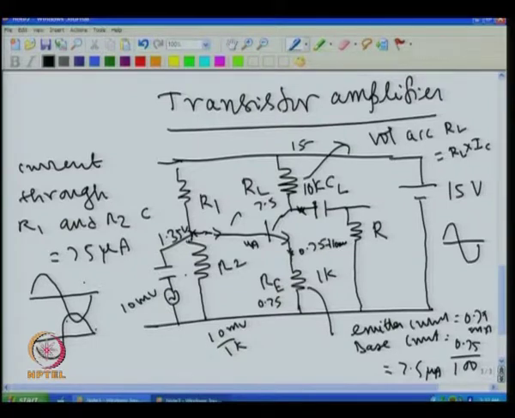This is what it looks like at the input, and you get at the output the inverted voltage. Essentially, if the input is like this, then at the output you get a 180 degree phase reversed waveform, and of course, this amplitude is 10 times more than this.